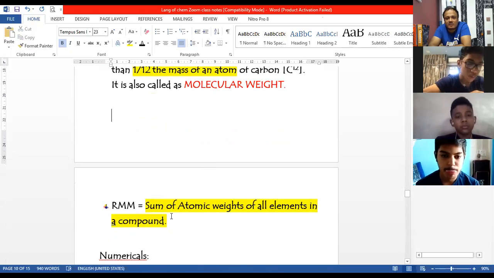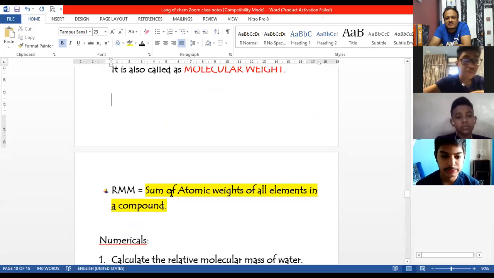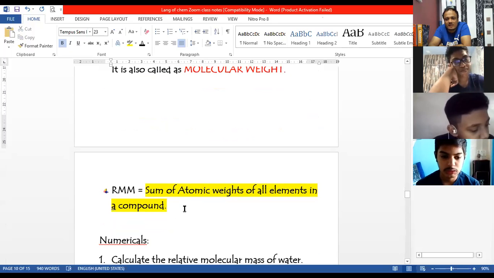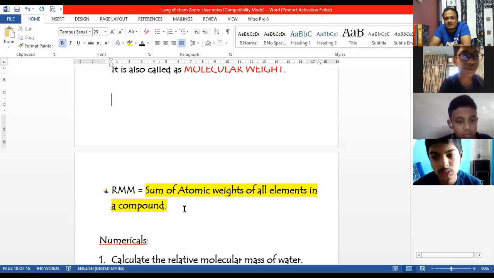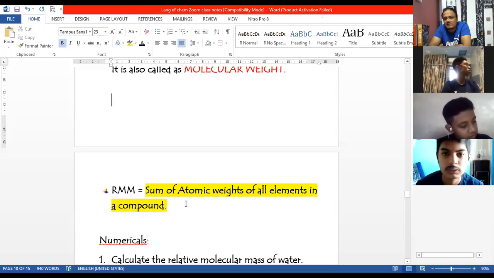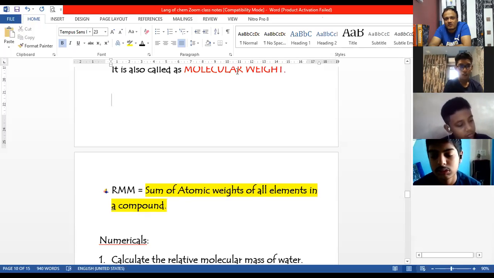So the formula for finding RMM is the sum of atomic weights of all elements in a compound. That will give you the relative molecular mass of a compound. If it is a compound like carbon dioxide, it will be the atomic weight of carbon plus the atomic weight of oxygen which is present in that. That will give you the answer.